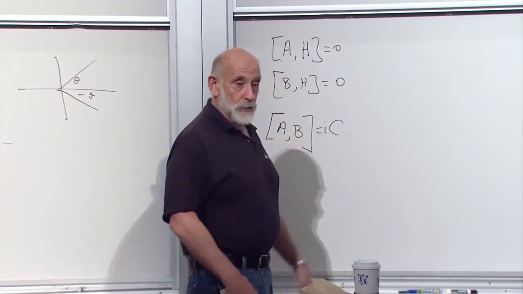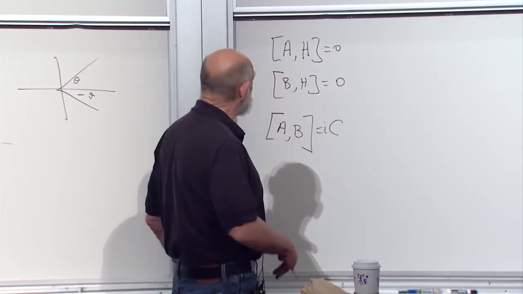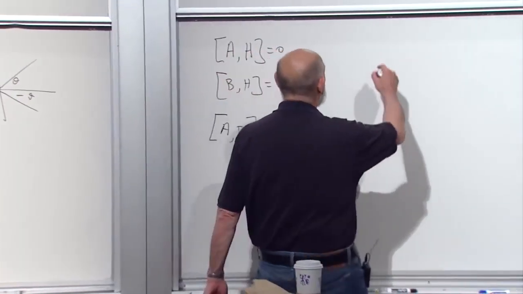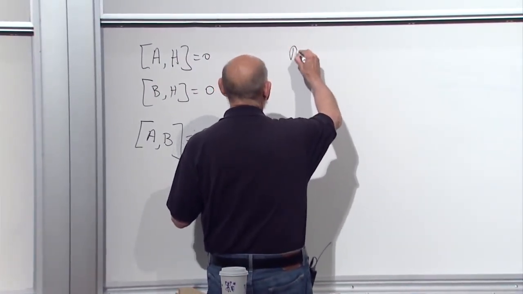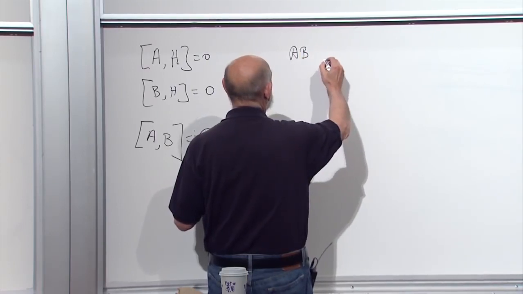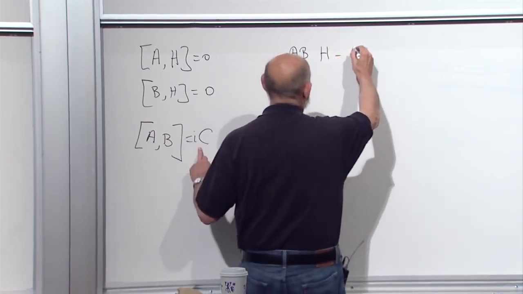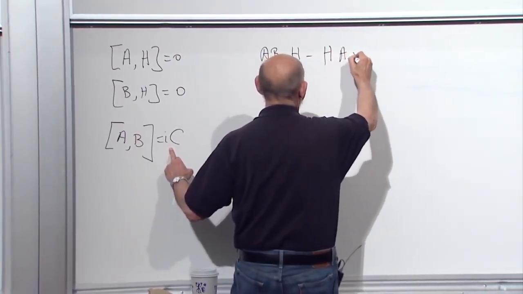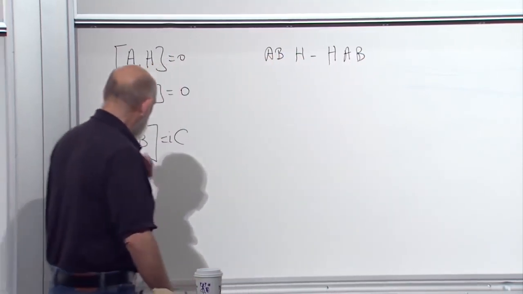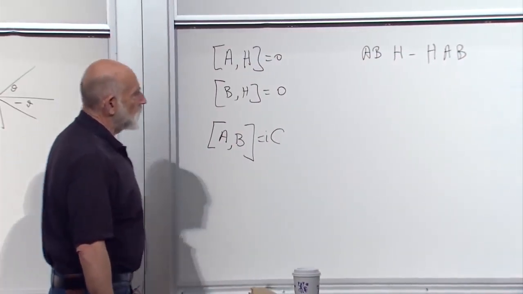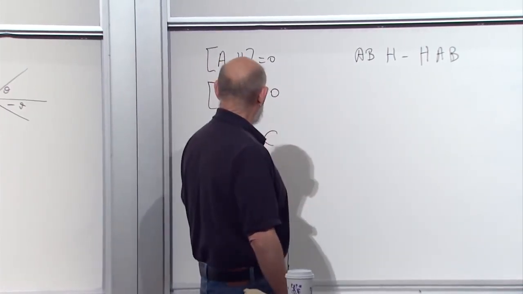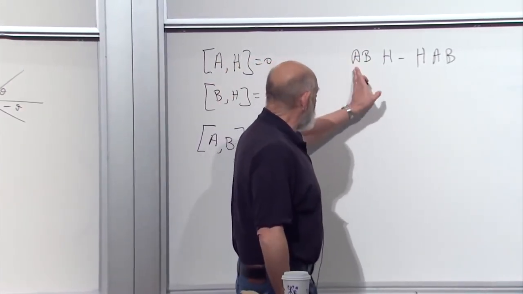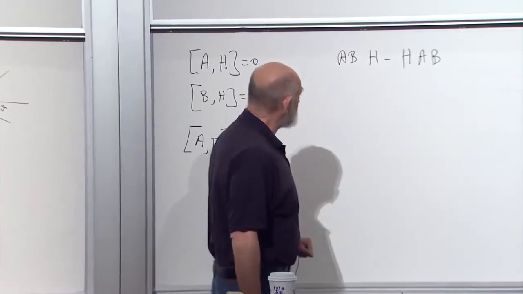And let me show you why it's conserved. It's conserved for a trivial reason. Let's think about the commutator of C with H. That's ABH minus HAB, right? AB is equal to C, apart from a factor of i. So the commutator of C with H is proportional to ABH minus HAB.